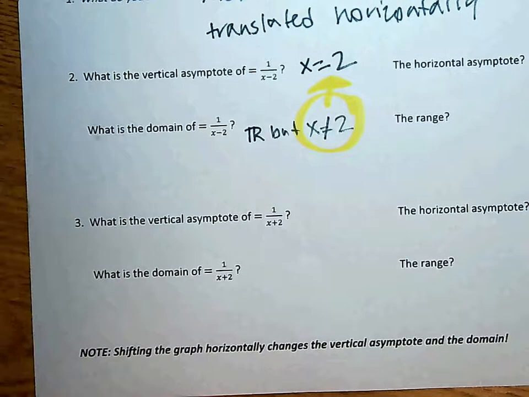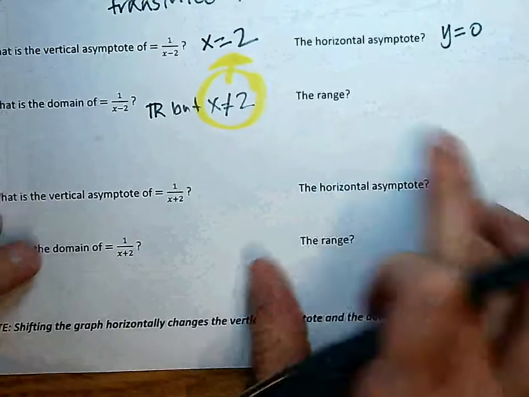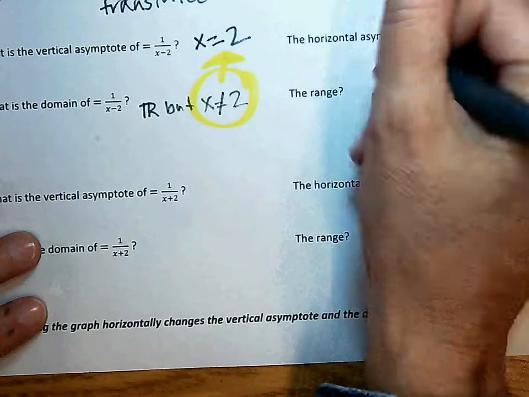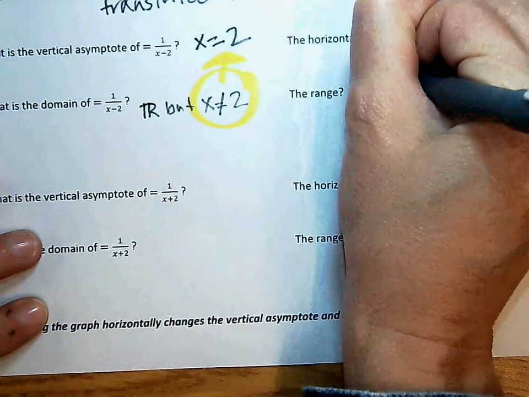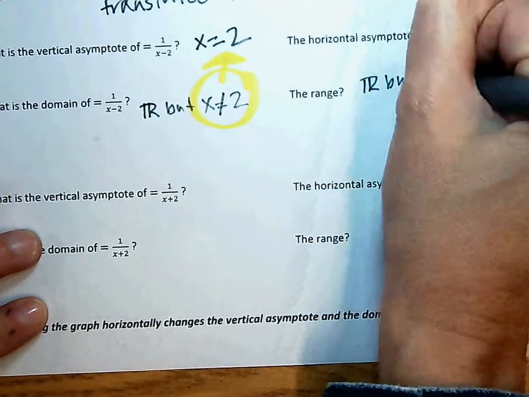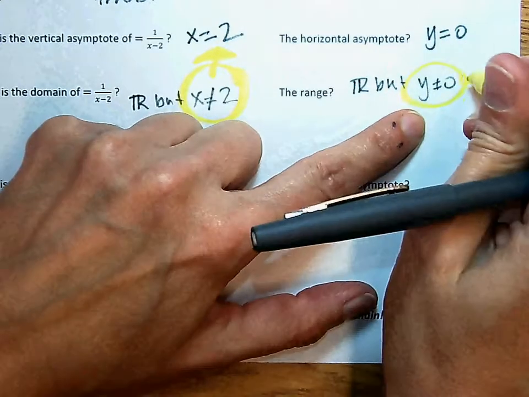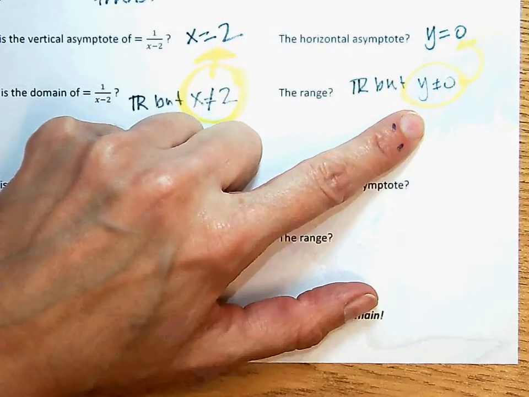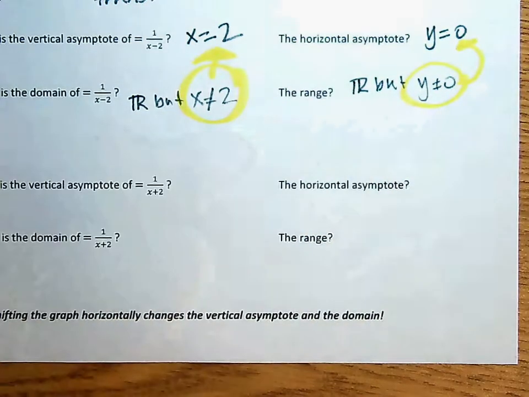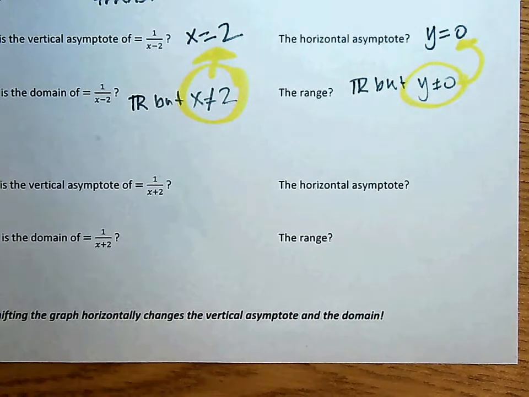We talked about that being the 1 over 0 gave you the error. Okay. So here, does this range change at all? Nope. All reals, but y does not equal 0. Look, it still used that horizontal asymptote there, okay?